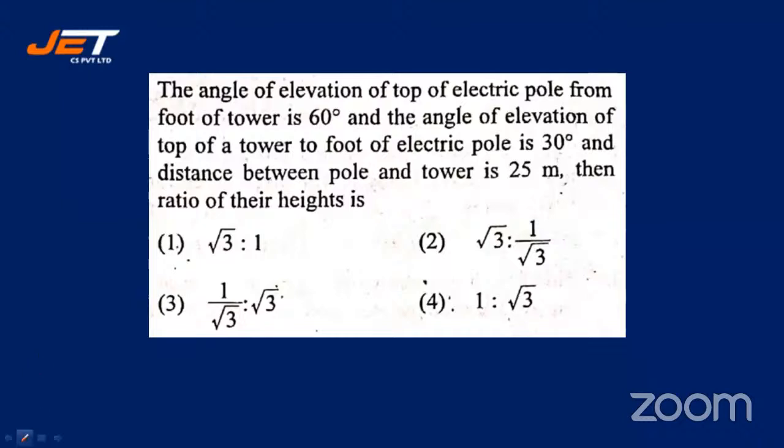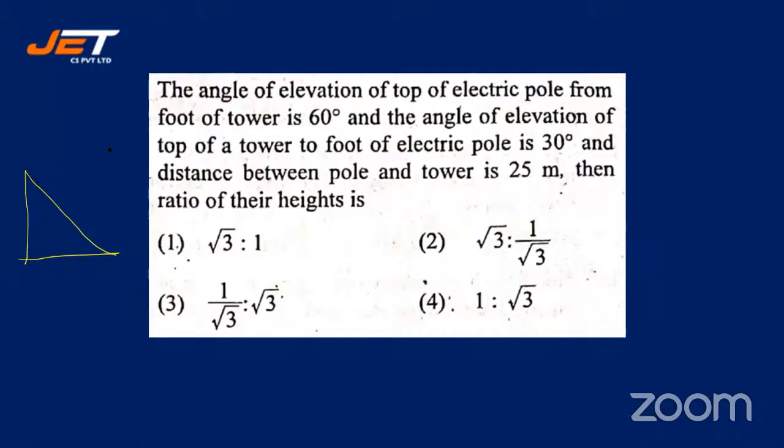Quickly find out. By then, let me draw the diagram so that you'll be able to find out. Yes. So this is the base. Okay. So this is the tower. Right. So the angle of elevation of top of the electric pole from the foot of the tower.